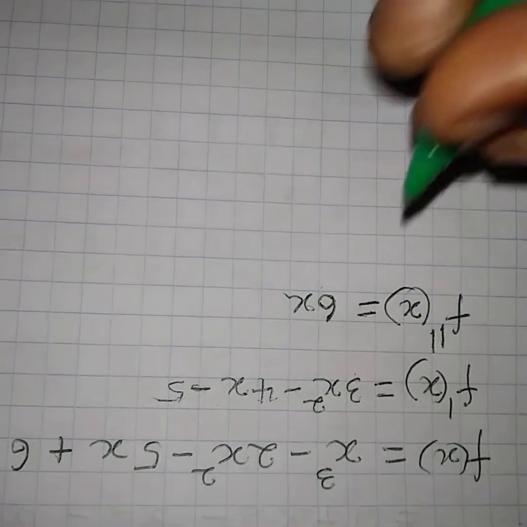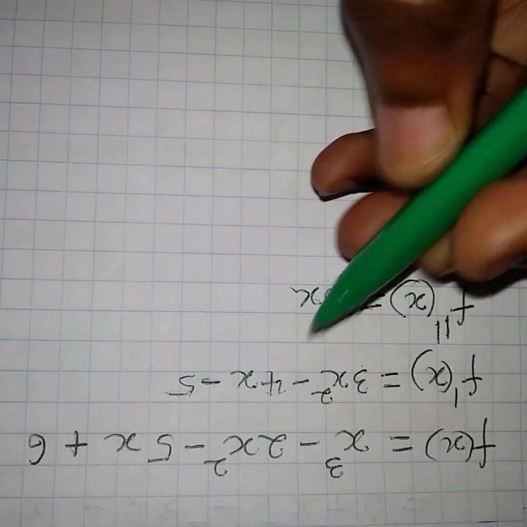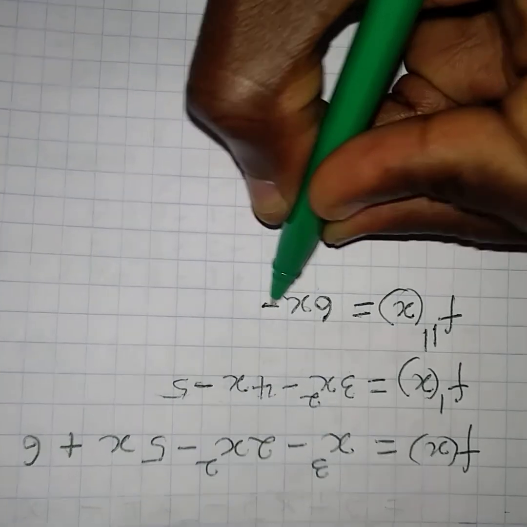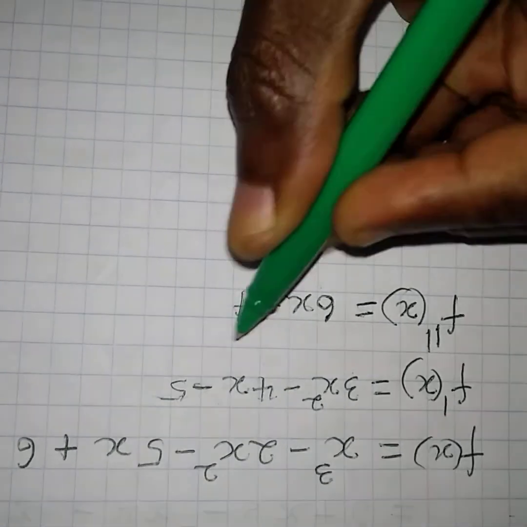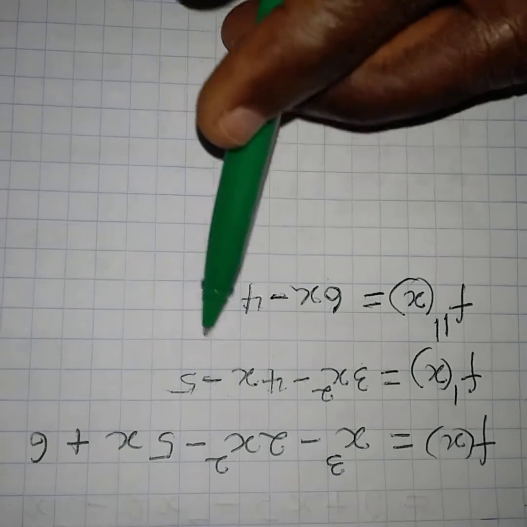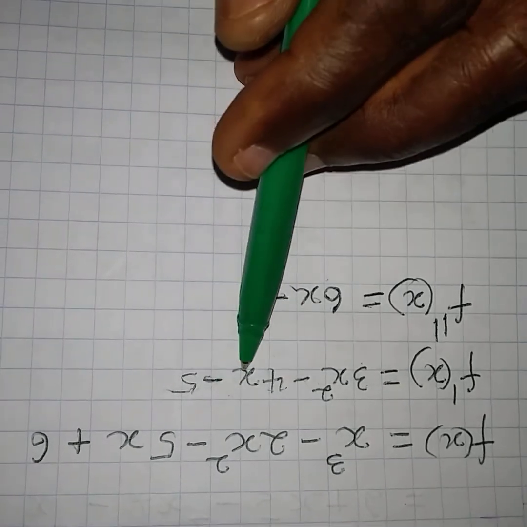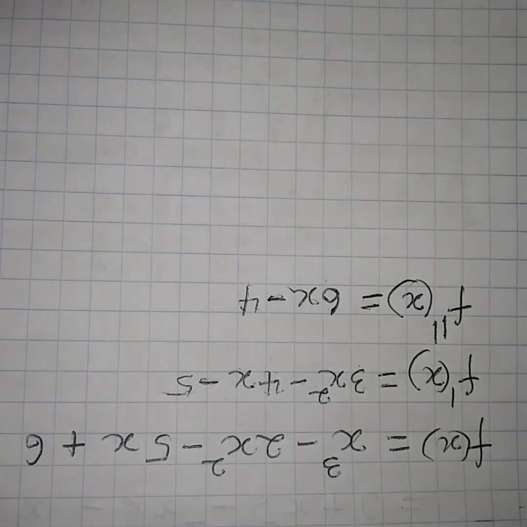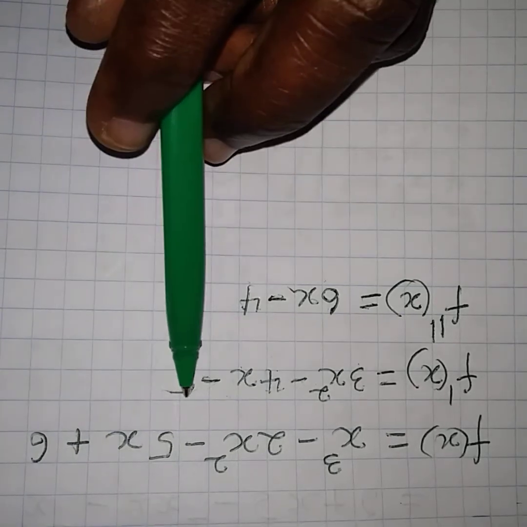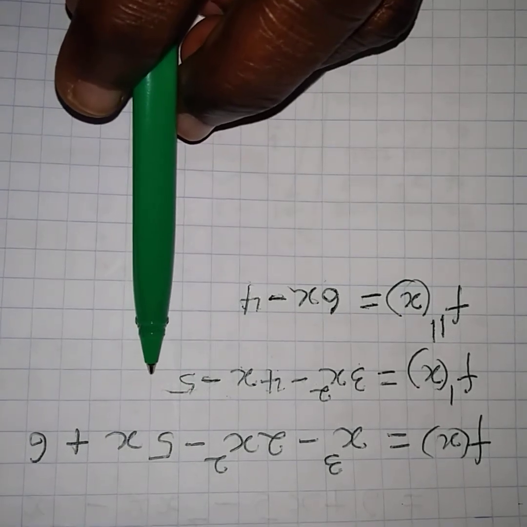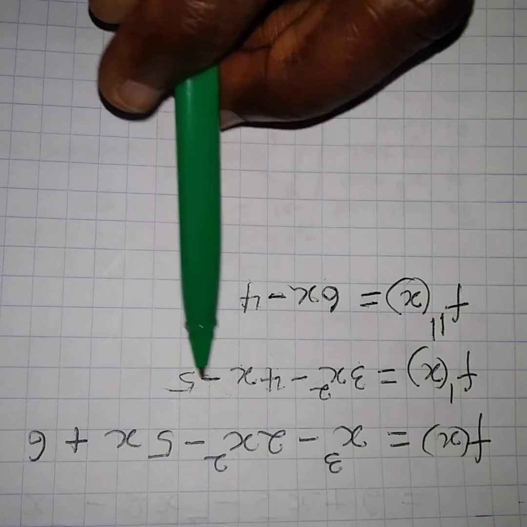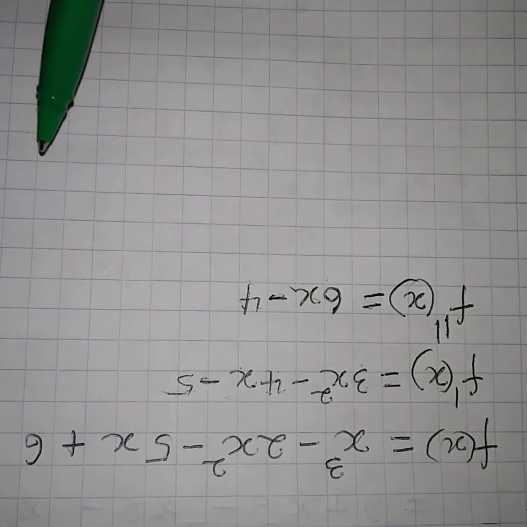So we now have the power 1 times minus 4, which gives us minus 4. Now we subtract 1 from the power, which gives us 0. So x to the power of 0 is 1. 1 times minus 4 gives us minus 4. In this case again, there is no variable or x attached to this minus 5. So this minus 5 becomes a constant.